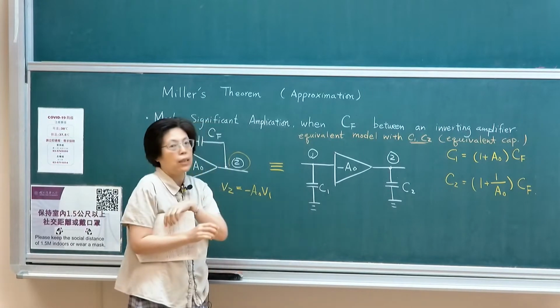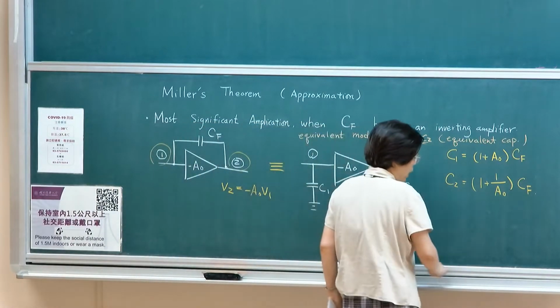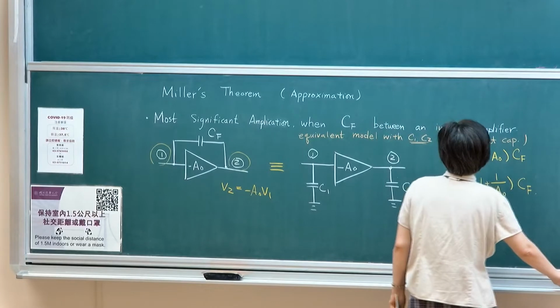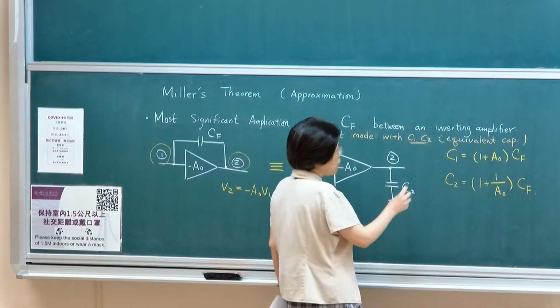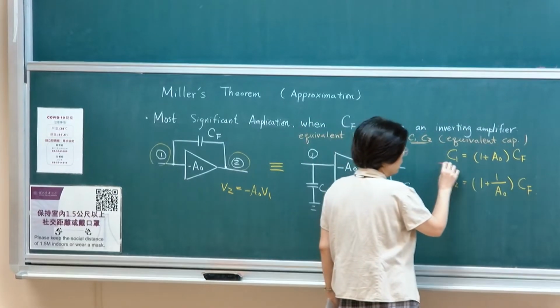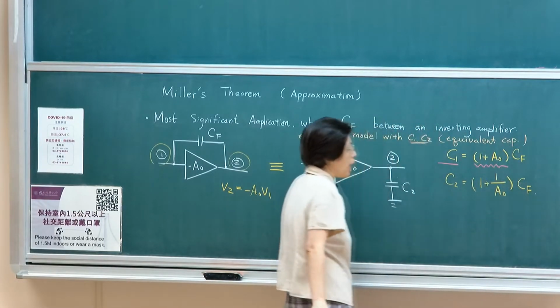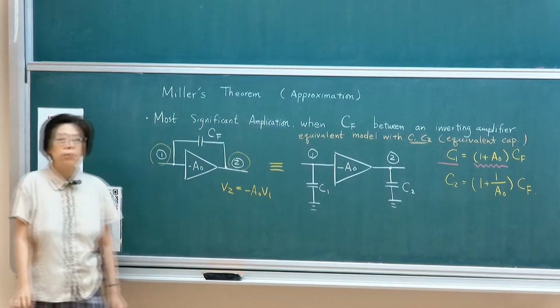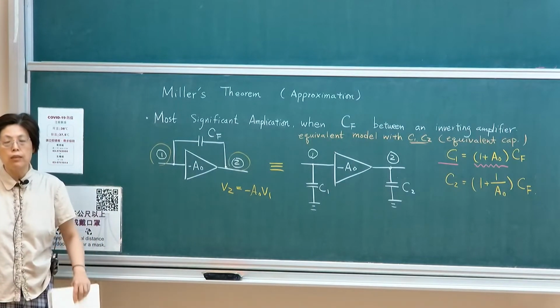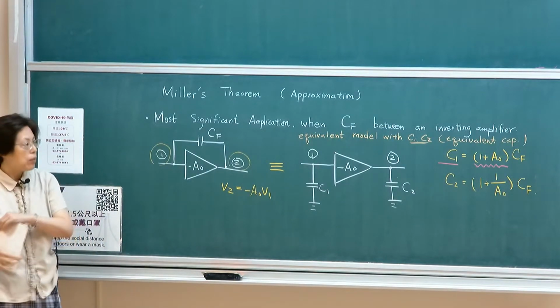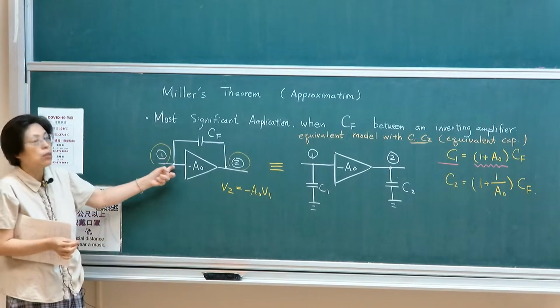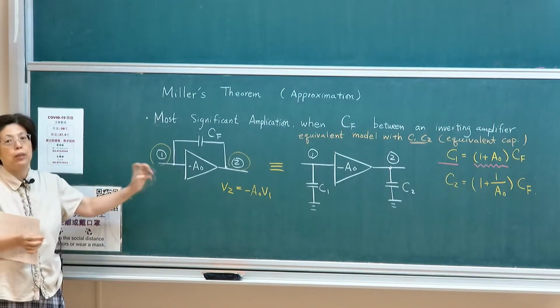The equivalent capacitance is that, as we already saw, in an inverting amplifier, C1 will typically be amplified by a factor of 1 plus A0. This can be relatively significant, because it simply means that this point is very hard to drag up.